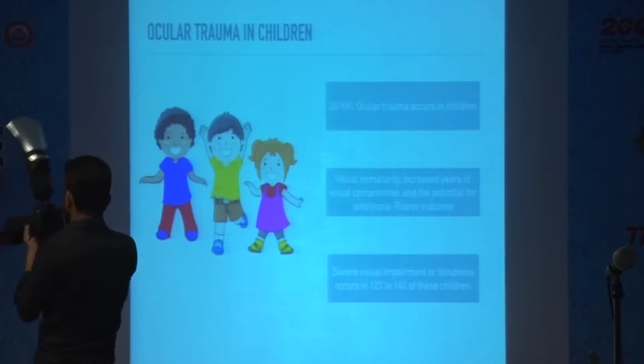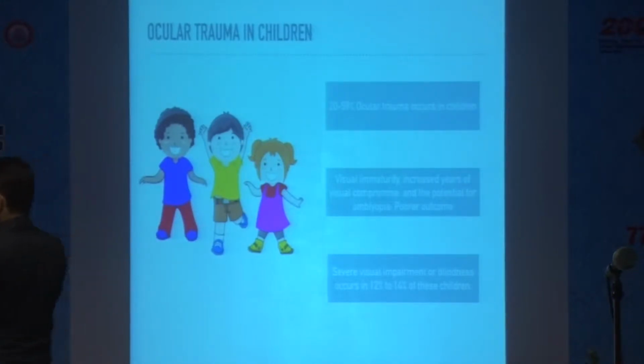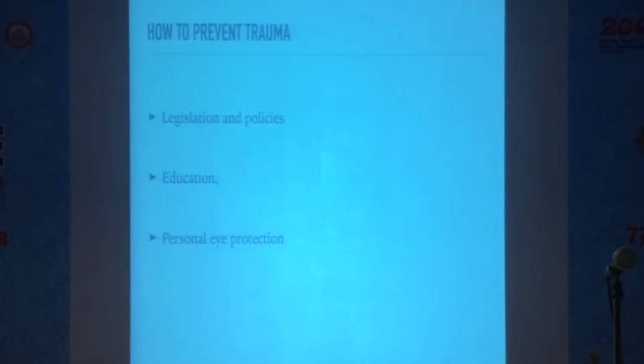It has been reported that severe visual impairment or blindness is seen in nearly 12 to 14% of children who have ocular trauma. So I thought I could cover three headings: legislation and policies, education, and personal eye protection, what we have done and what can be done.